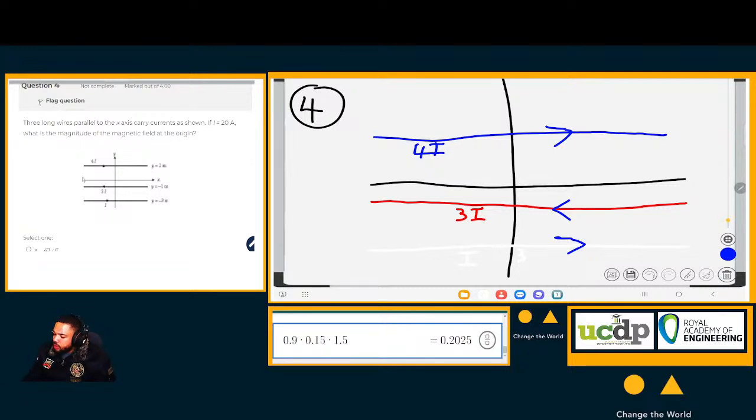Now, how do we calculate the magnetic field due to a current carrying conductor? That is easy. It is the formula I gave you at the beginning of this tutoring session. It is the permeability of free space multiplied by the current, which is what we've been given, divided by 2 pi times the distance away from the current, which has also been given, which is R in this case.